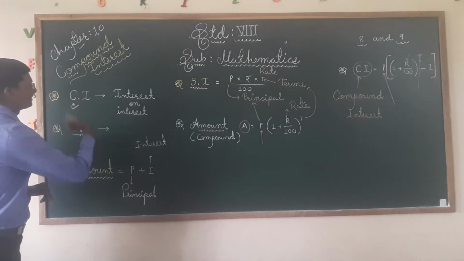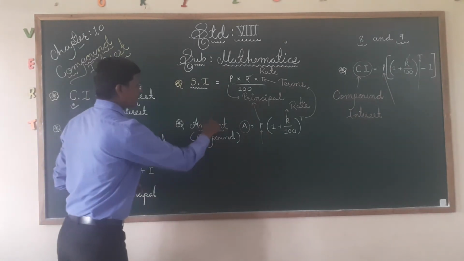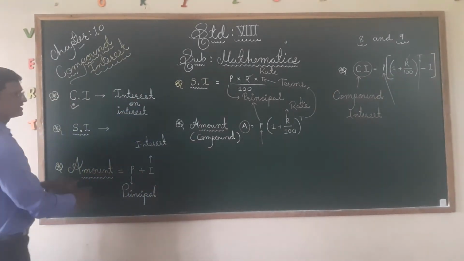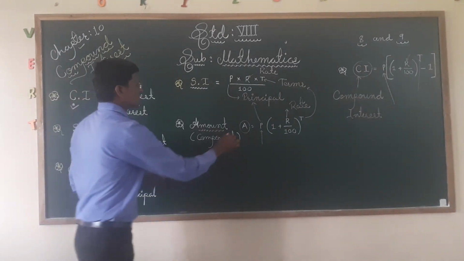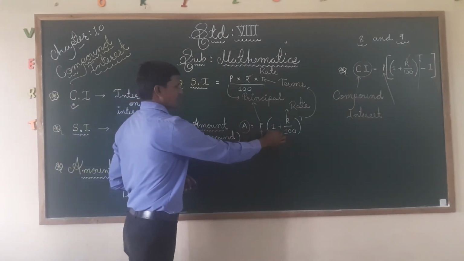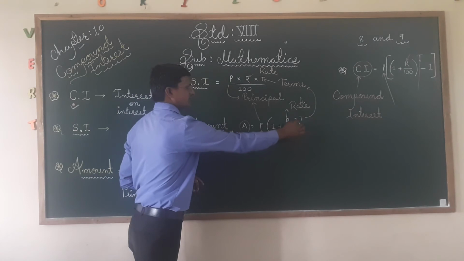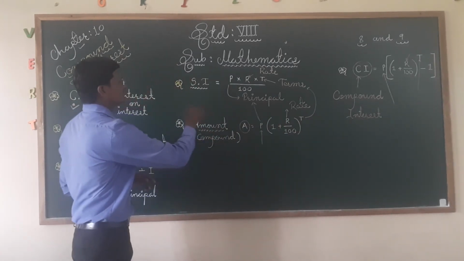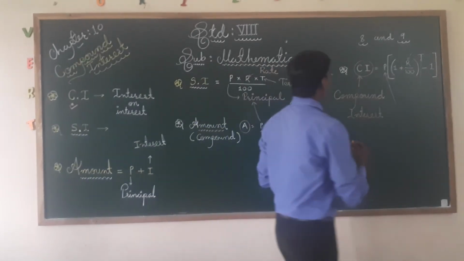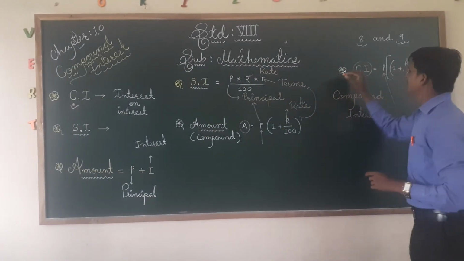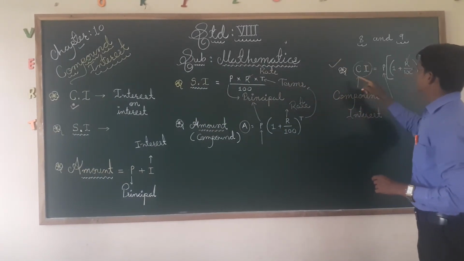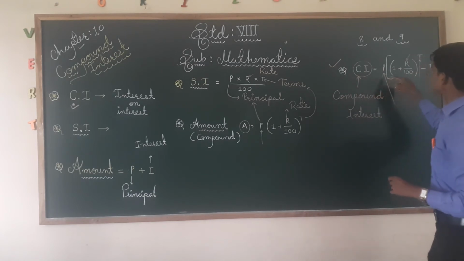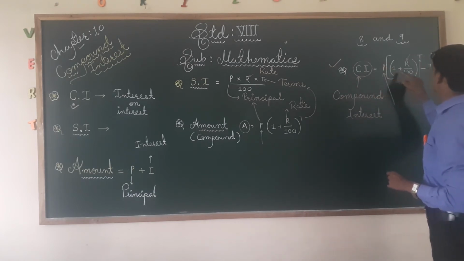Then another formula for compound interest: A is equal to P 1 plus R upon 100 whole to the T. And the last and main formula for this chapter is compound interest: P 1 plus R upon 100 whole power T minus 1.